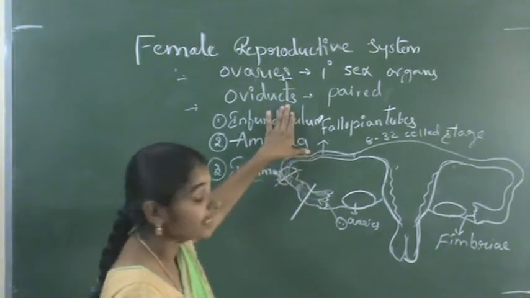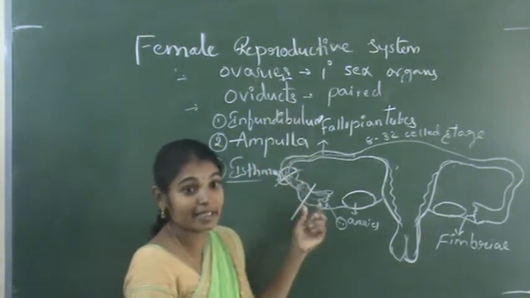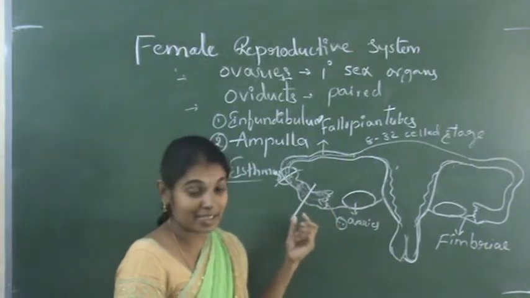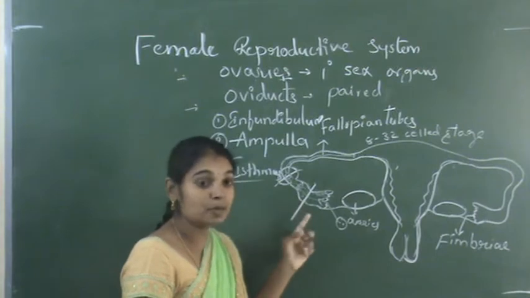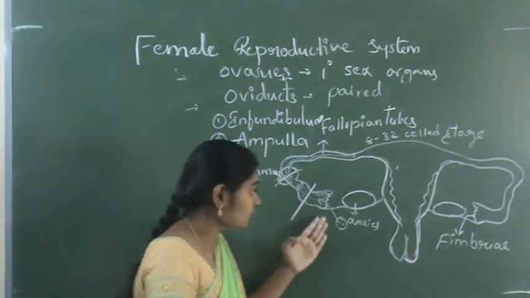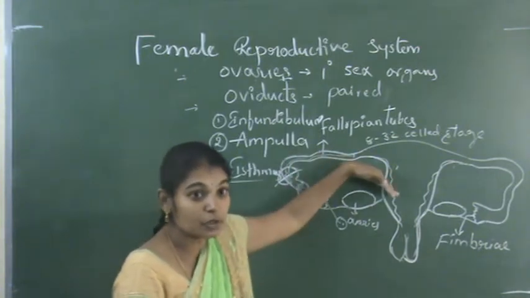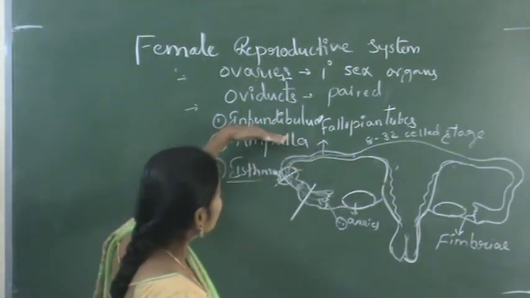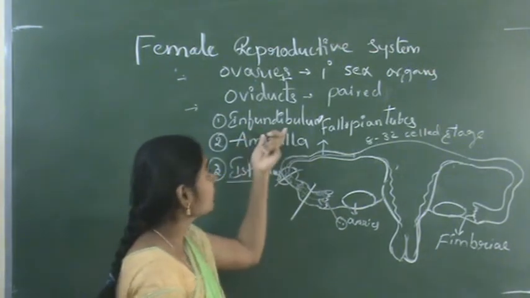The oviduct is a narrow tube-like structure lined by ciliated columnar epithelial cells, which help in the movement of the ovum as well as the zygote towards the uterus. Morphologically it is divided into three parts.